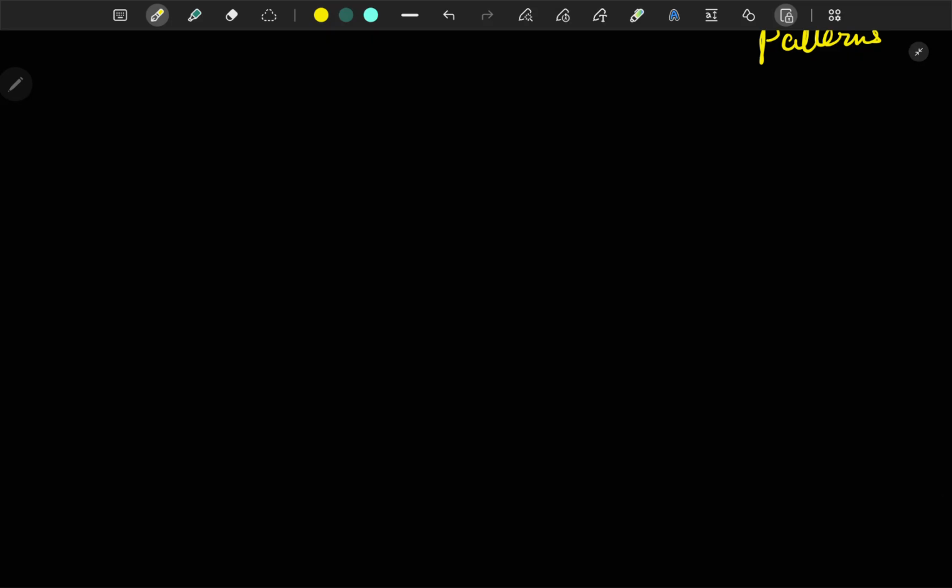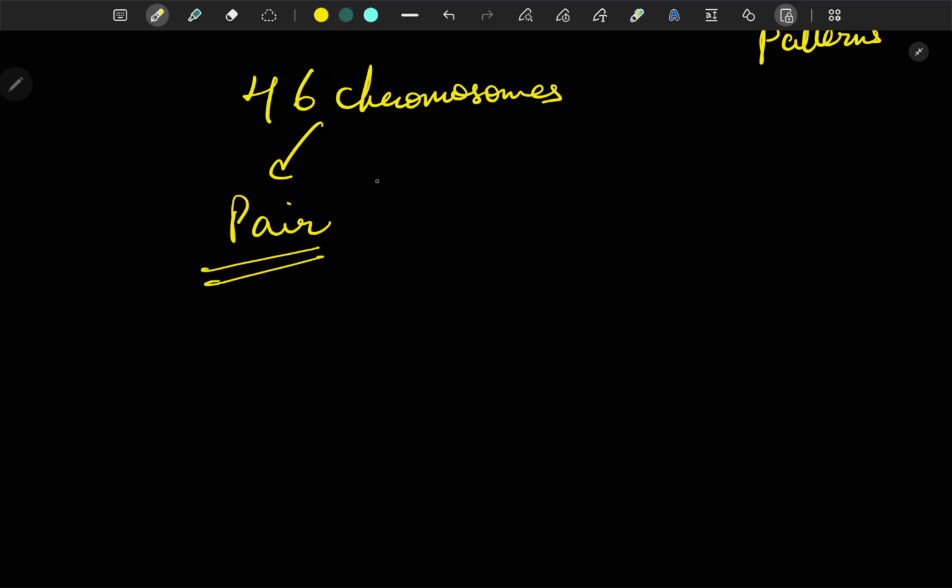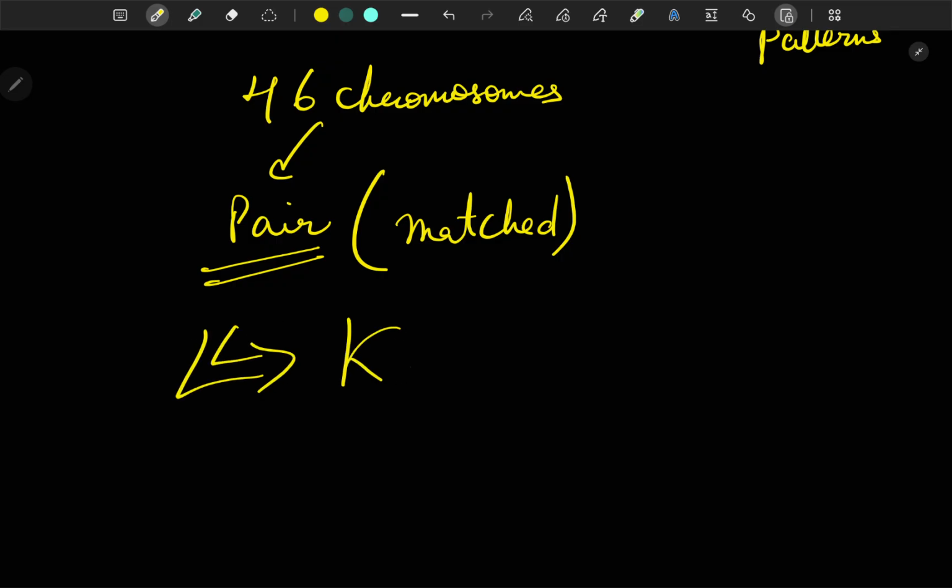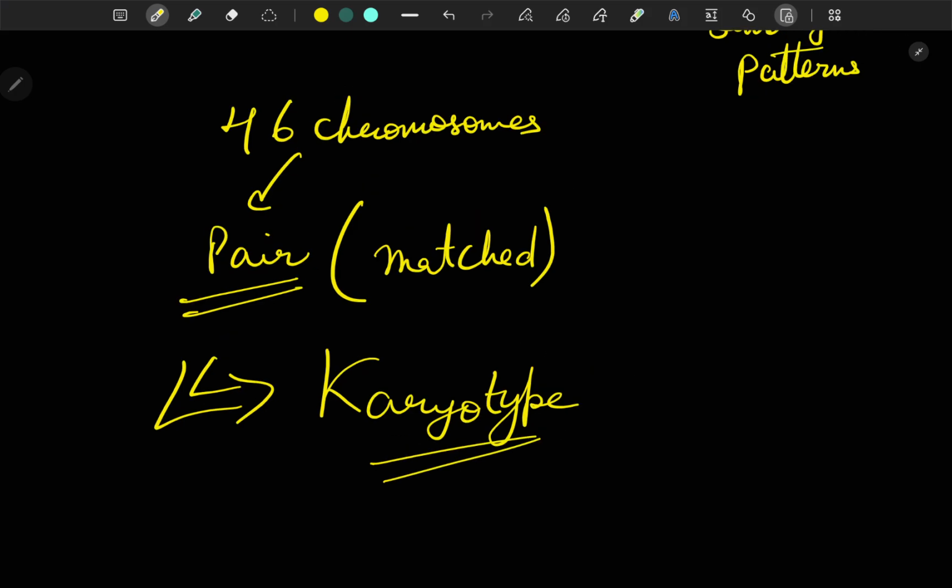When scientists arrange these chromosomes in a specific pattern, the 46 chromosomes are arranged in pairs that match each other. This arrangement is called a karyotype.